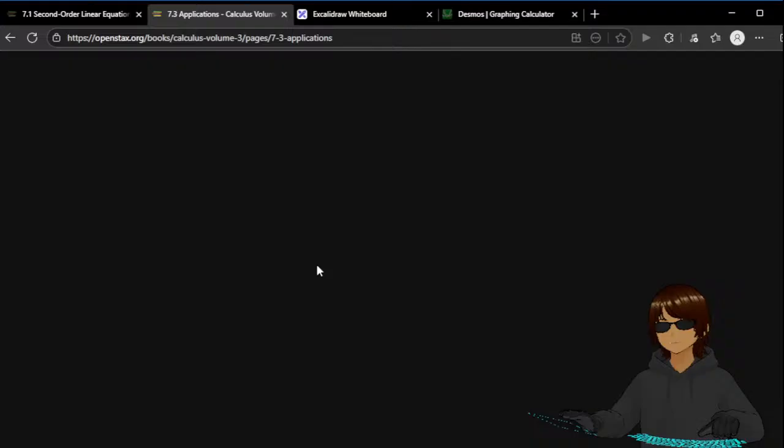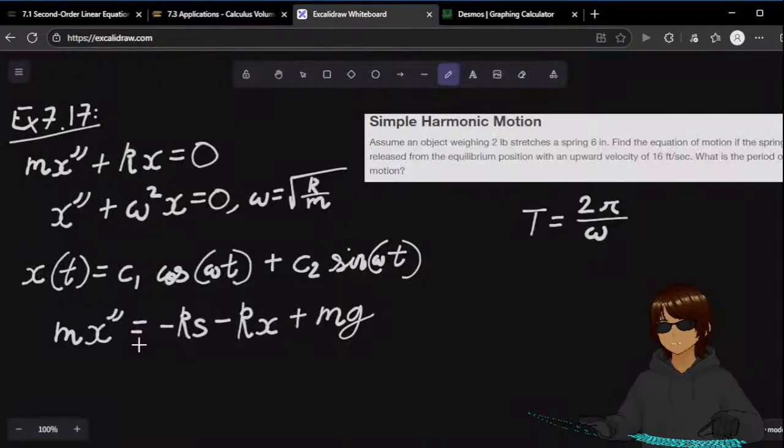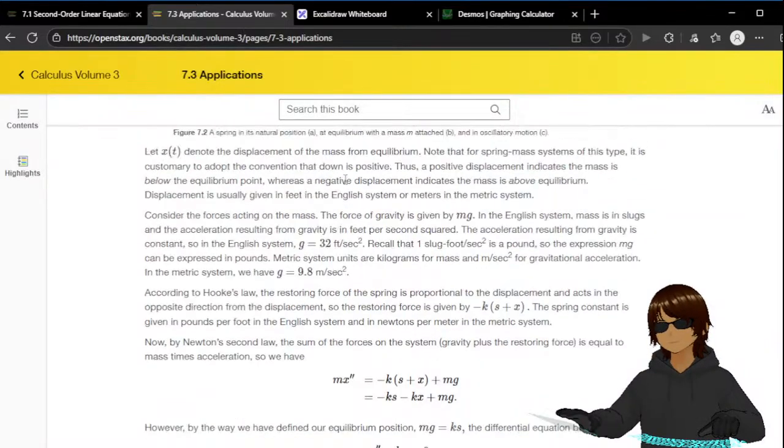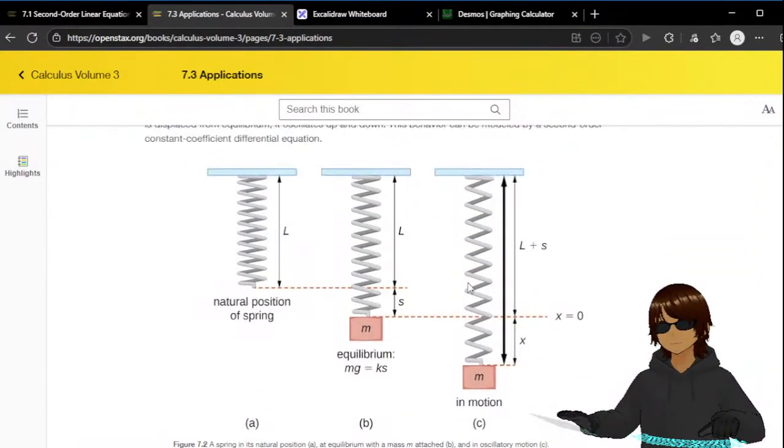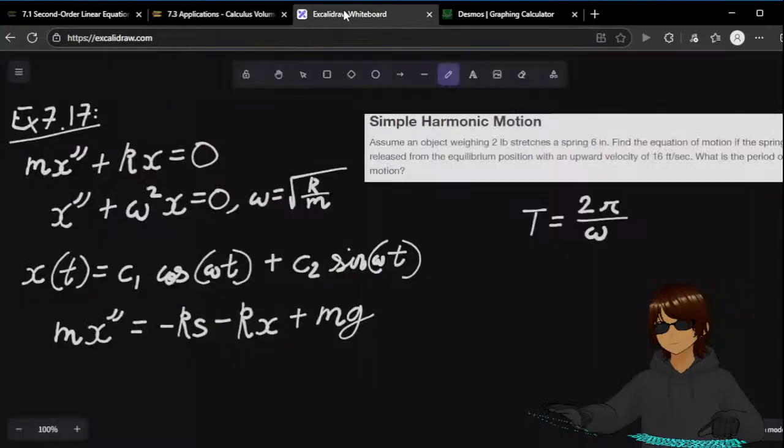We have g, we have m, and then they gave us x. They gave us the velocity, but they did not give us the acceleration.